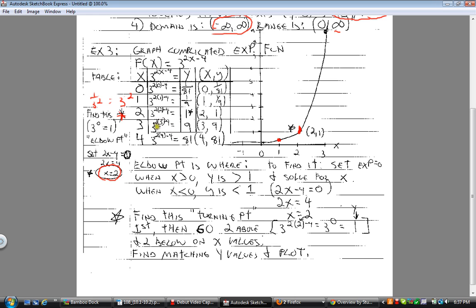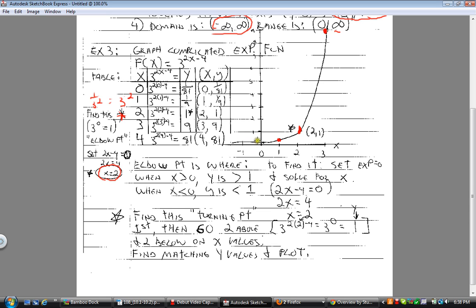Watch that nitty-gritty work, the math, make sure you get it right. 3 comma 9, look how quickly the exponential graph rises. Within one unit of x, you make a huge, steep increase. I would classify this as a growth graph again, just because the base is 3.